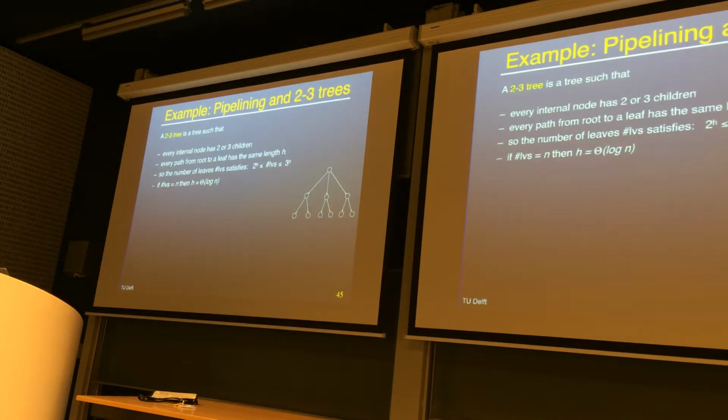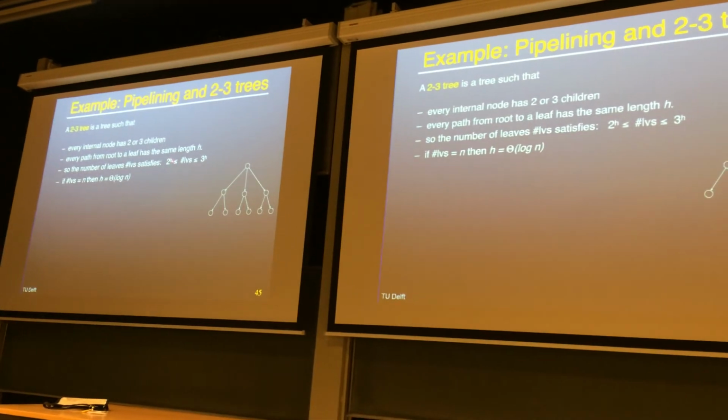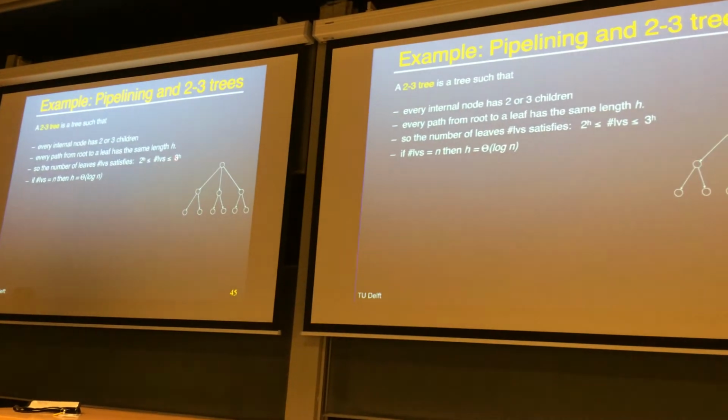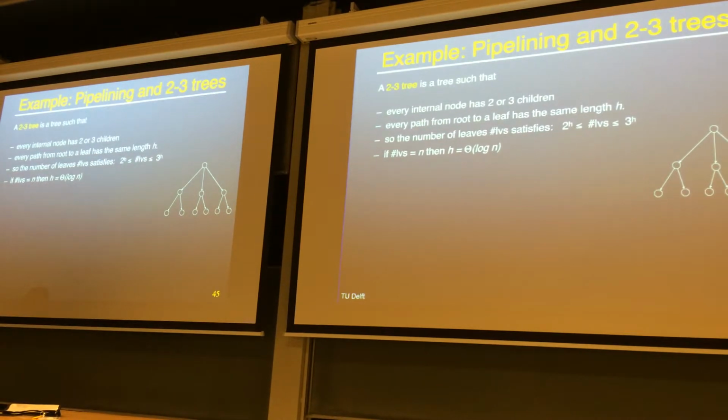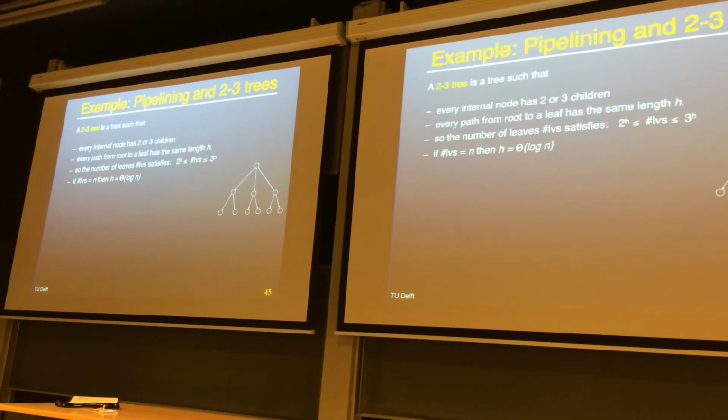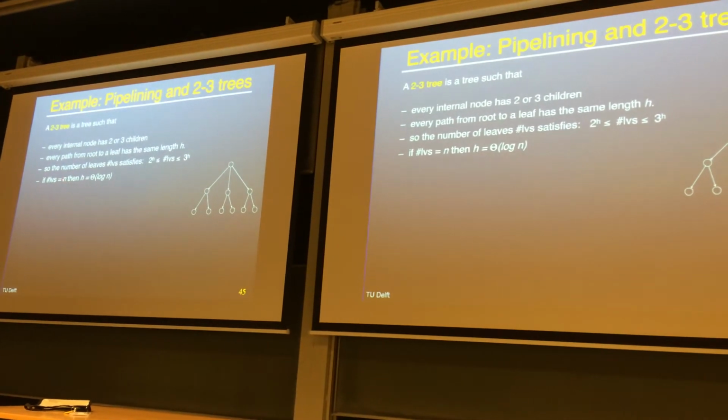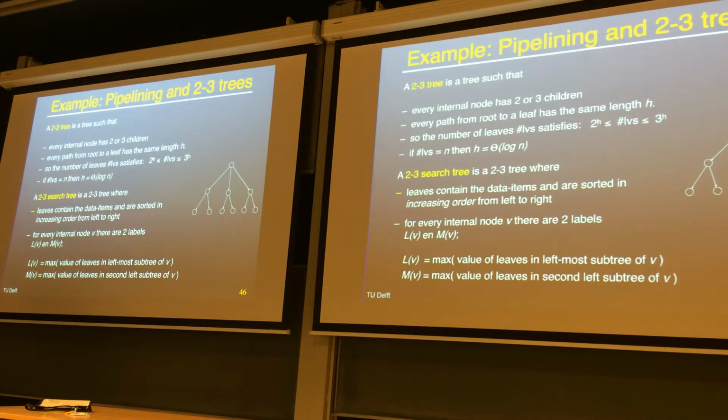So the number of leaves satisfies 2 to the power h is less than or equal to the number of leaves, which is less than or equal to 3 to the power h. And that means that h, if the number of leaves equals n, is theta of log n. So it's truly equal to log n.